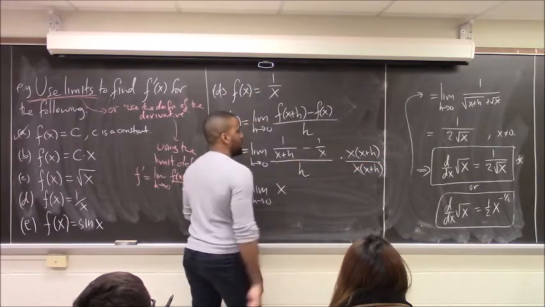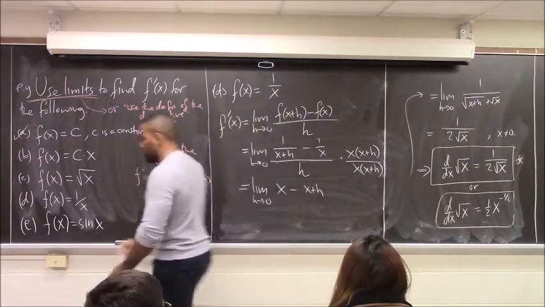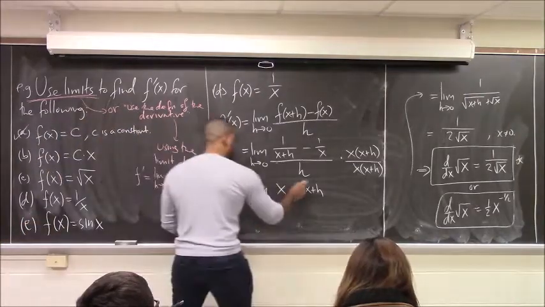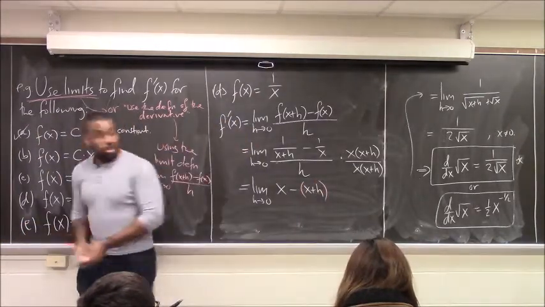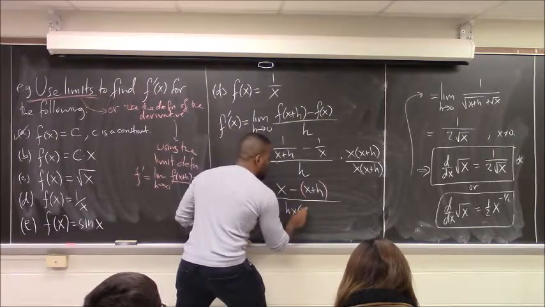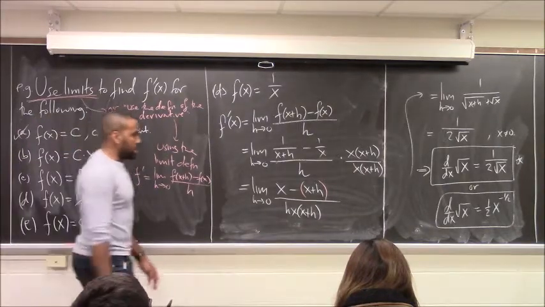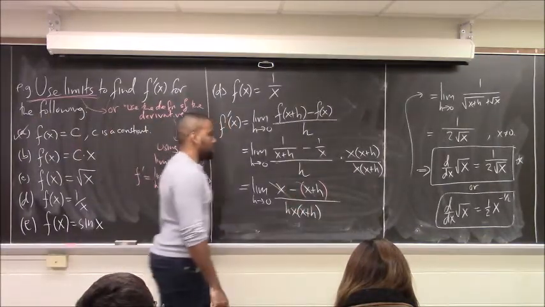This times that, the x is cancelled, you're left with an x plus h. Be very careful here, this should be in parentheses. In the denominator, I would have h times x times x plus h. Again, we never expand the denominator, I'm going to leave it like that. The x would kill the x here.